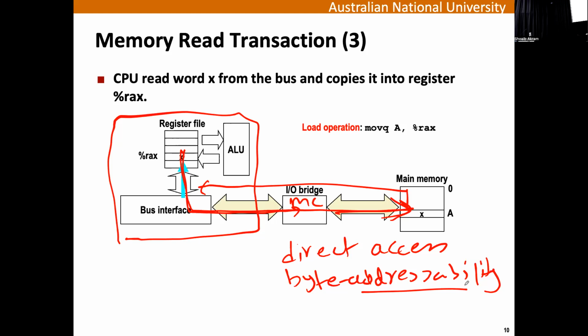So direct access also means that the CPU can use load, store, move instructions to access the contents of memory, to read the contents of memory, or to write something to memory. So byte addressability should be obvious. This is how RAM works. Every byte has an address, and the CPU can bring in its register file any byte it wants.